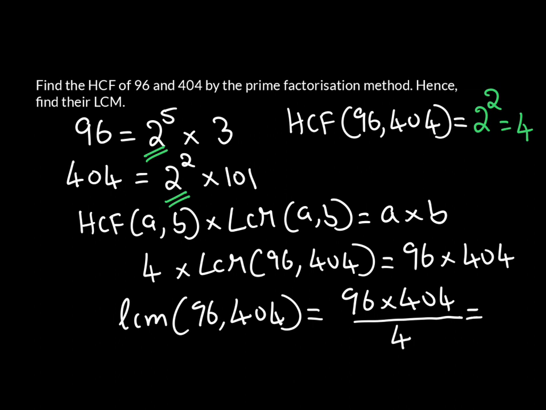And if you do the calculation, the answer is going to be 9696. So the LCM of these two numbers using the formula is 9696. This is how we can use the formula to find either LCM or HCF of any two given numbers.